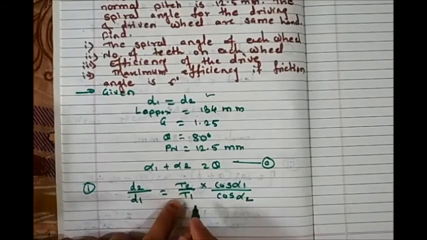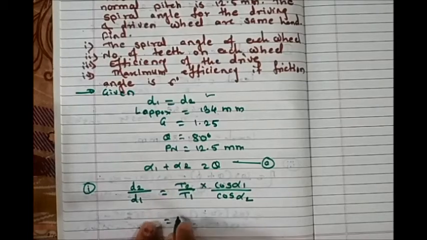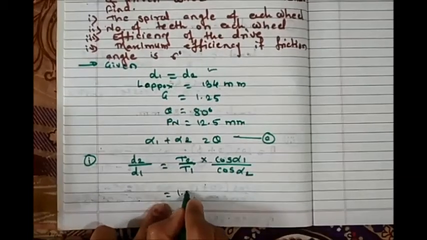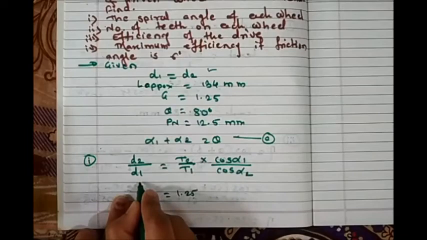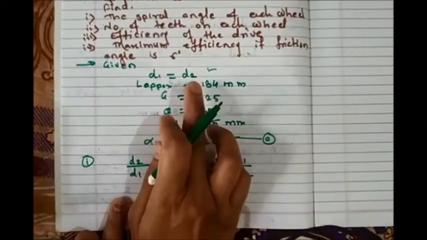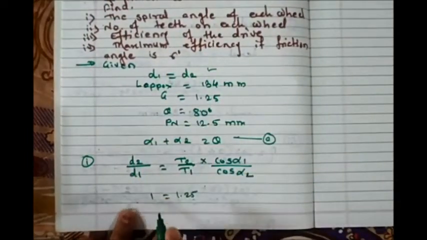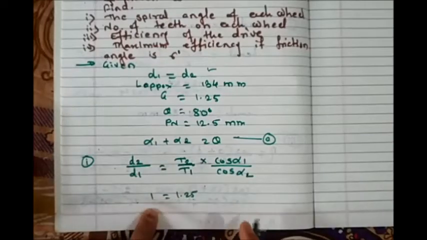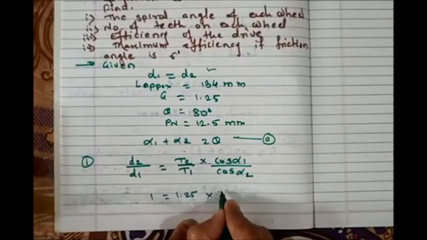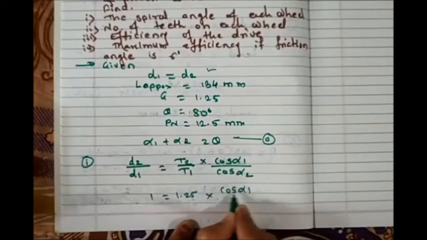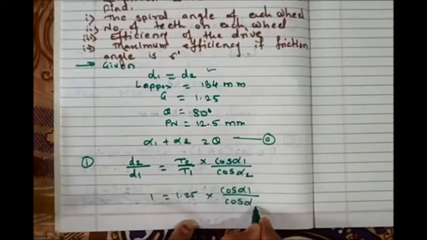Now this t2 upon t1 is nothing but the gear ratio, so it is equal to 1.25. d1 and d2 are equal, already mentioned in the statement, so 1 is equal to 1.25 into cos of alpha 1 divided by cos of alpha 2.